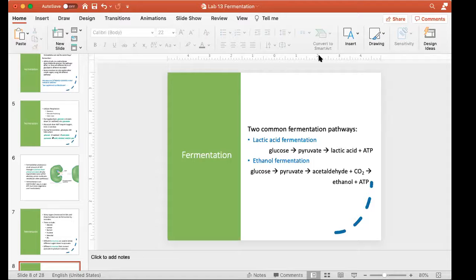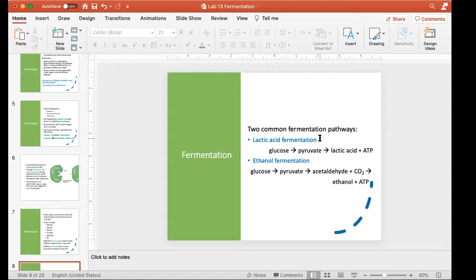We push these organisms into fermentation, and then we harvest the products they make, these acids and alcohols and gases. We use them for our purposes. So there are lots of fermentation pathways, but there are two most common ones. Most commonly, we see either lactic acid fermentation, that's the one you and I can do, and ethanol fermentation. That's the one yeast are able to do.